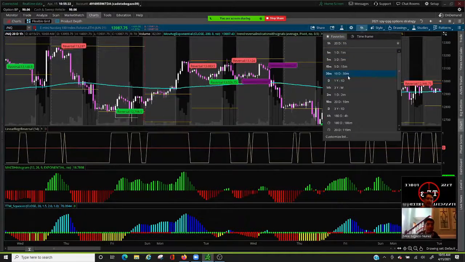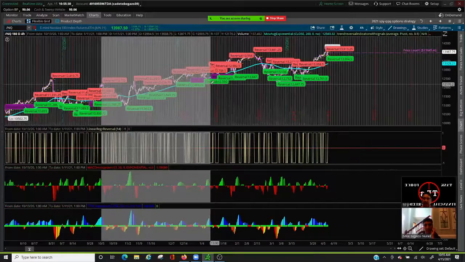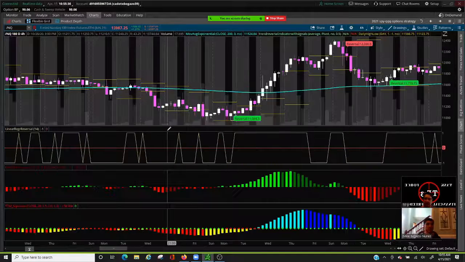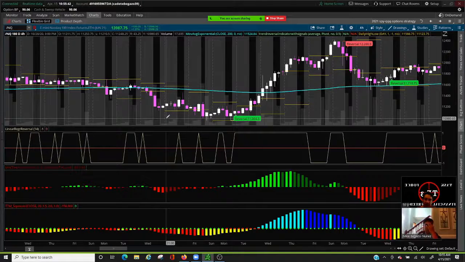So let me go to the 4-hour chart and see if we can identify a descending triangle. Okay, so kind of like this right here. We have this bottom right here.